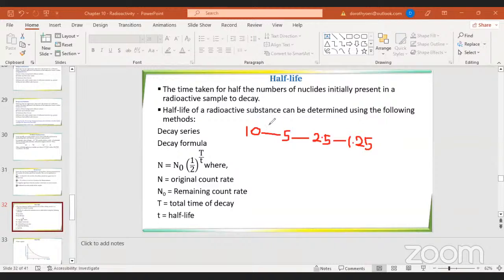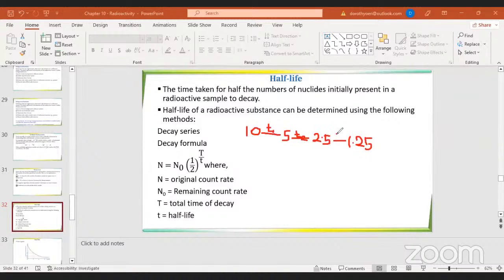So at this point here, that is a half-life T1. At this point here, this is our T2.